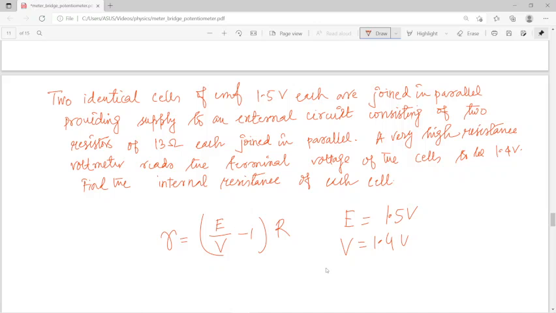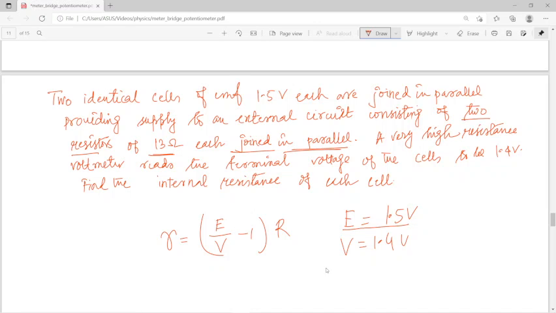And in that particular case, what is given is two identical cells. When you say identical cells connected in parallel combination, the net EMF is equal to the EMF of either cell. That means EMF will not change, it should be 1.5, and it is providing supply to an external circuit consisting of two resistors of 13 ohm each joined in parallel.